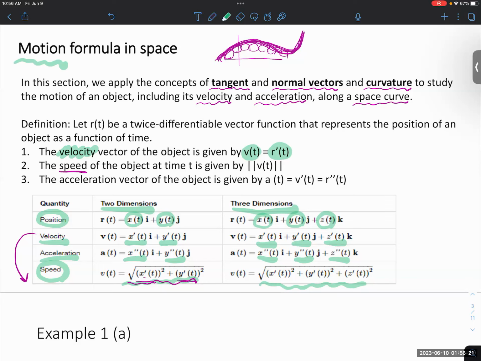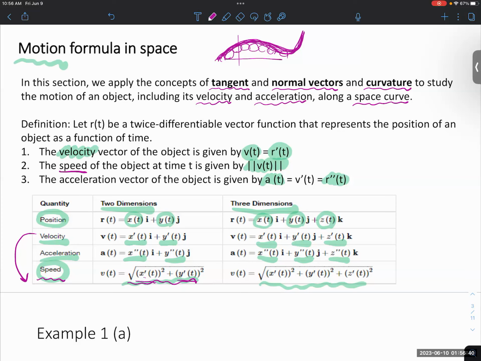So this formula is correct. The acceleration is the double prime of the r vector. So you can find the r vector, velocity, and acceleration, and the speed comes from the velocity function by taking the squares under a radical.